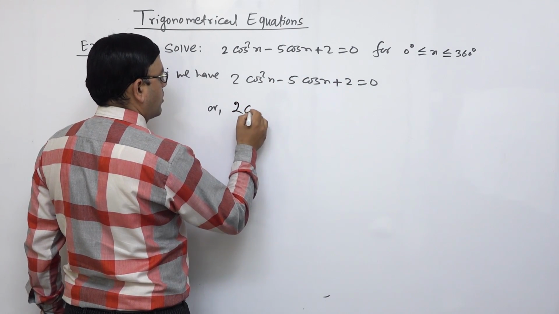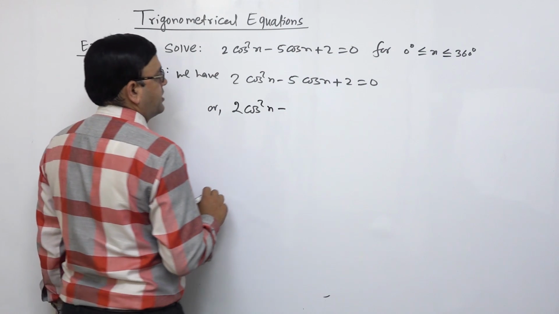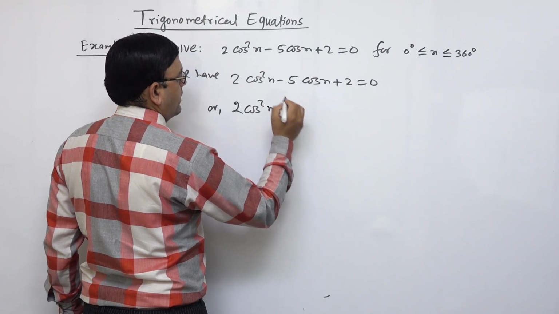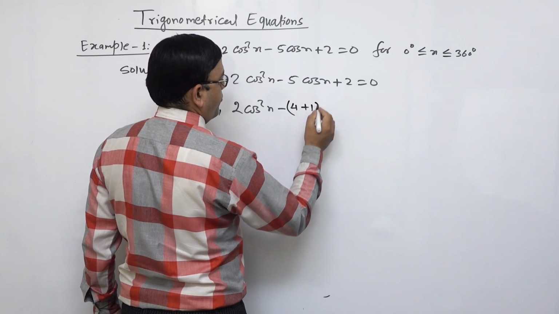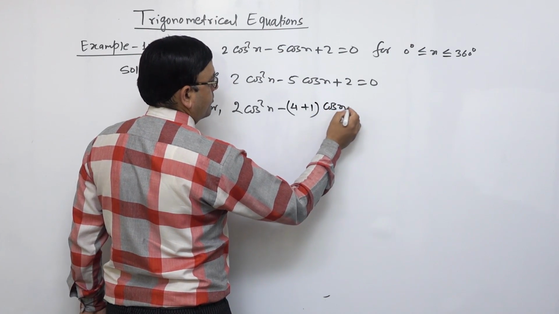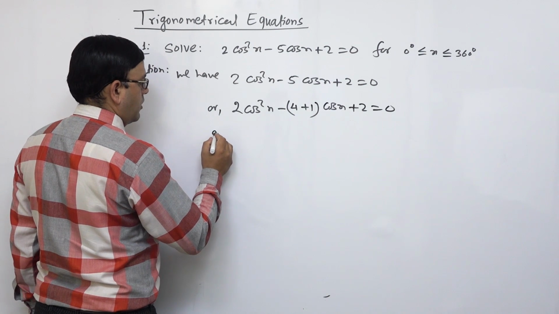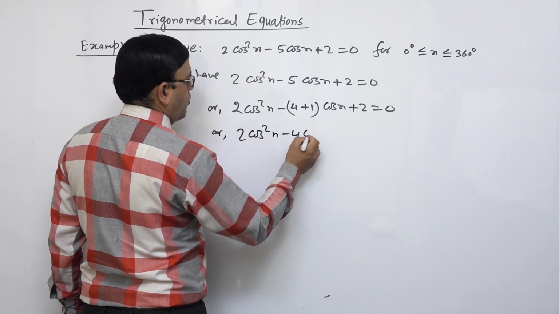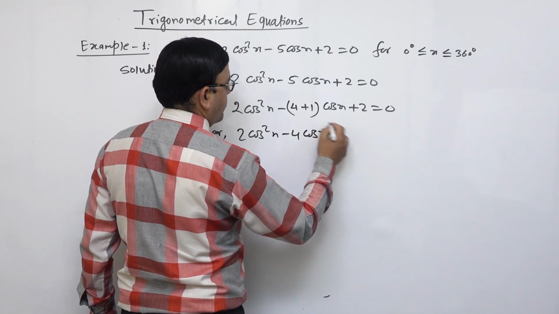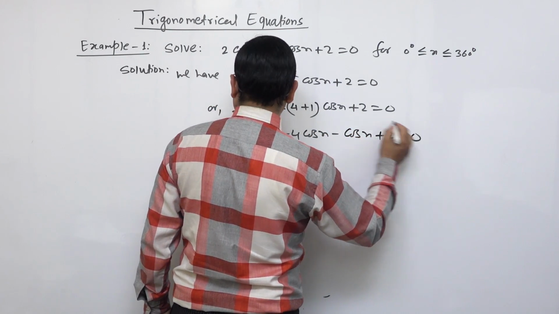So 2 cos square x minus, if we write it here, 4 plus 1 will give the result, or factors of 4, or 2 cos square x minus 4 cos x minus, this is 1 cos x, that one is cos x plus 2 is equal to 0.